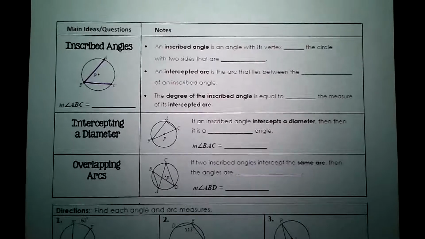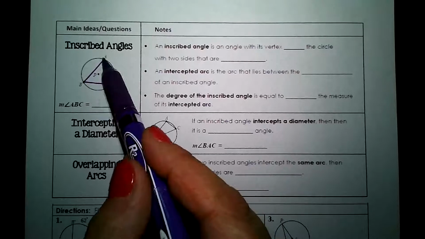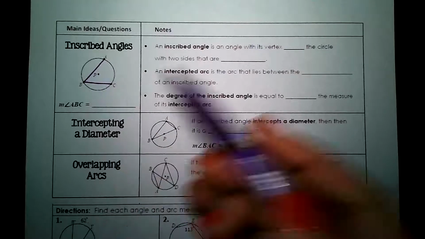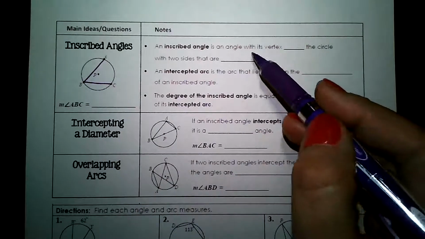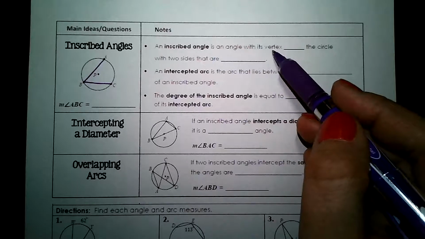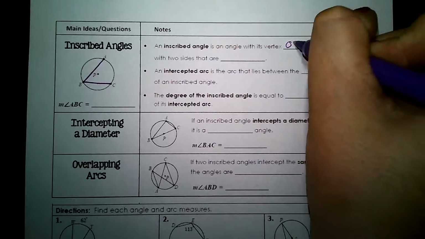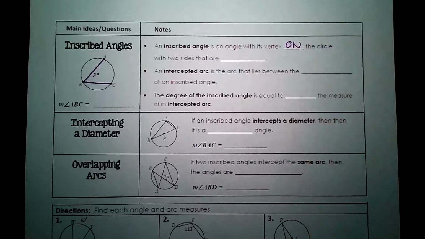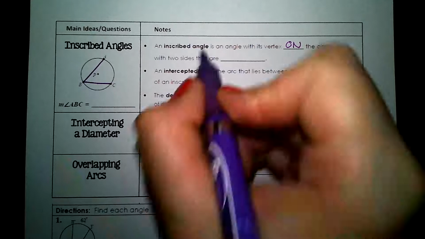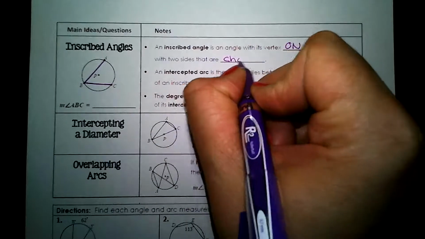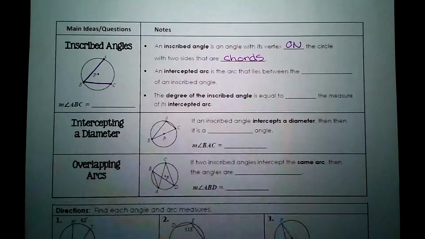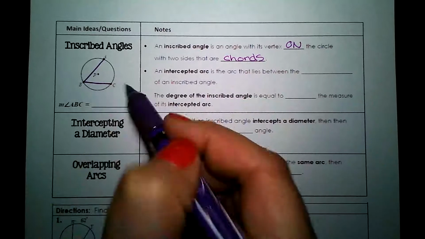So, in my picture here, my inscribed angle is ABC. An inscribed angle is an angle where this time the vertex is not at the center. This vertex is on the circle. It's on the circumference of the circle. And the 2 sides are chords. They're not radii because they're connected all the way across the circle.